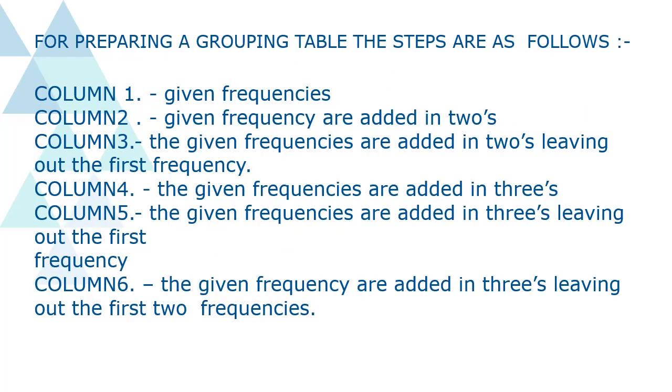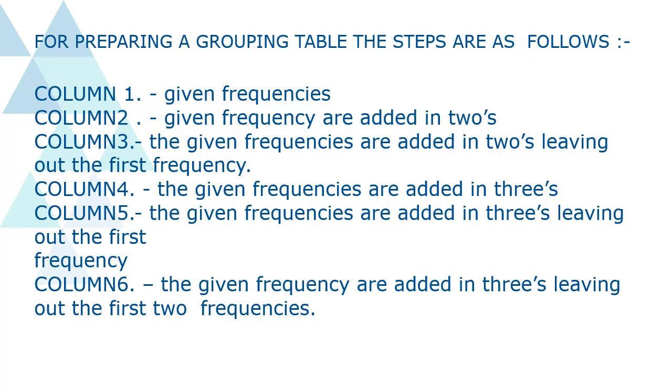Preparing a grouping table has six steps. The first step is that frequencies are taken as they are in the given problem. Second step, frequencies are added in twos. Third step, leaving the first frequency, frequencies are added in twos.